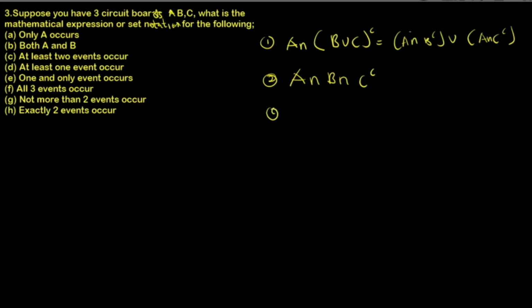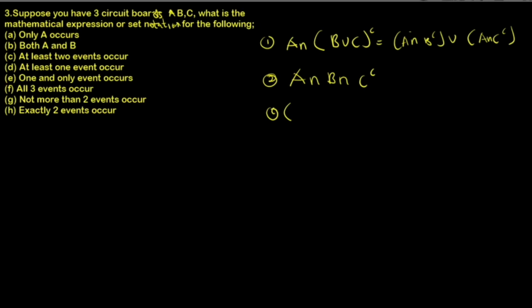Question number 3C: at least 2 events occur. When they ask us to write at least 2 events occur using set notation, it means that it could be 2 events or more. In this case, we have 3 events, so it's 2 or more, right?